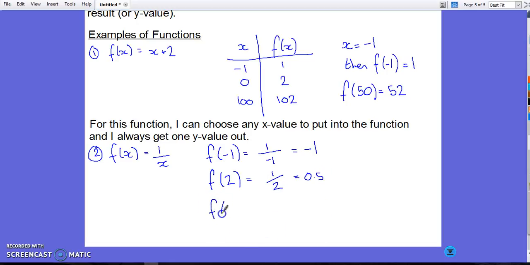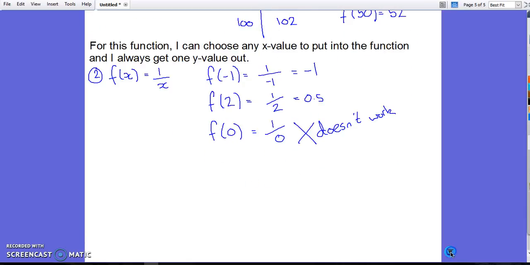What about if I did f of 0? Well, then I'd have 1 over 0, and oh, okay, we know we can't divide by 0, so this doesn't work. So for this one, number 1, we had completely free choice about the x values we put in. However, for this one, we don't have completely free choice because x can't be 0, as we can't divide by 0.